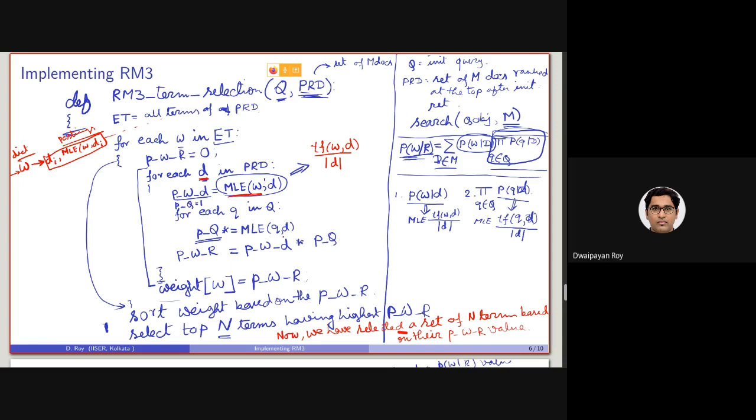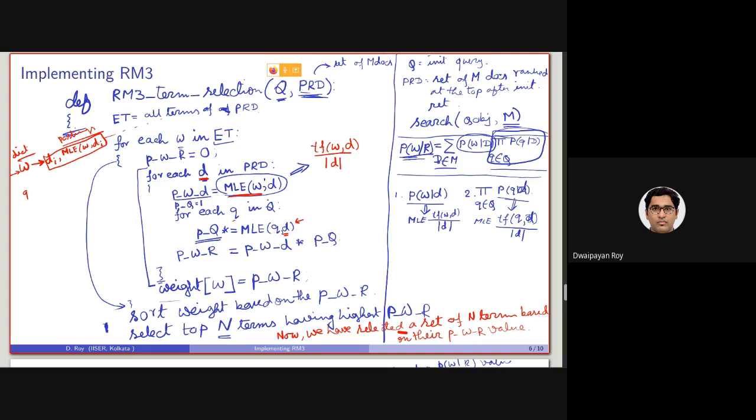Now the MLE of Q comma D can also be retrieved from here, because Q is essentially a word, a W. So for Q, it is actually a word in the dictionary. Earlier, based on the word we are selecting the document. Here, in that particular document, we are checking the presence of the query term.